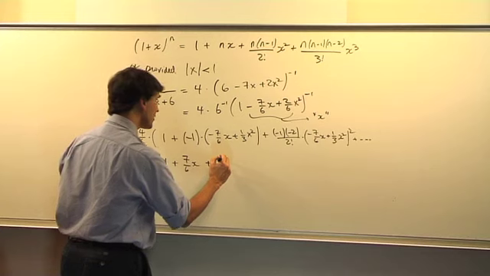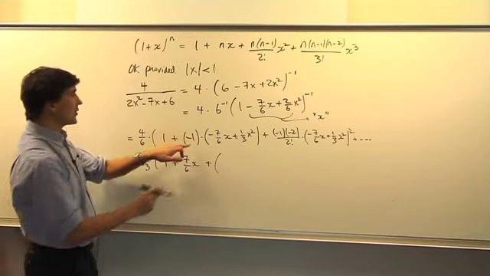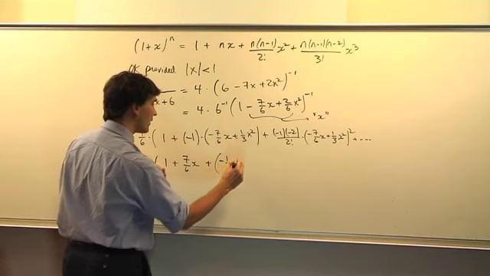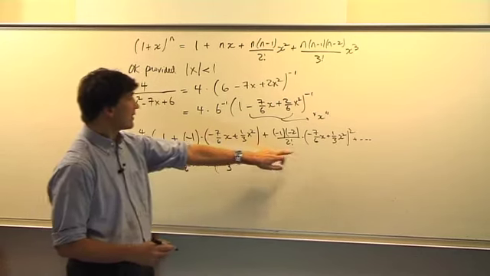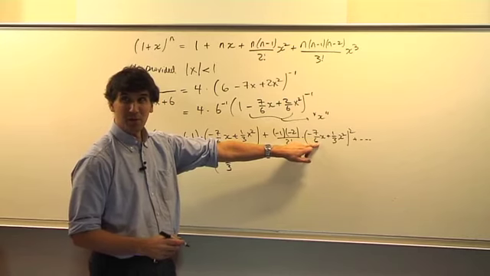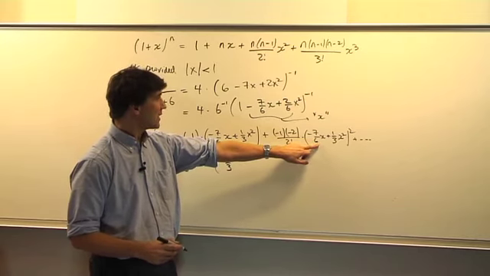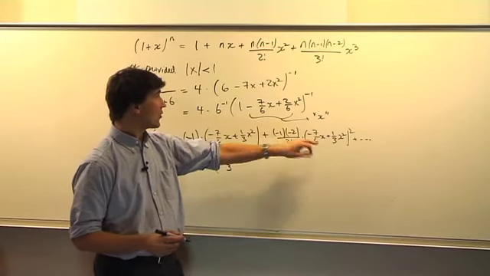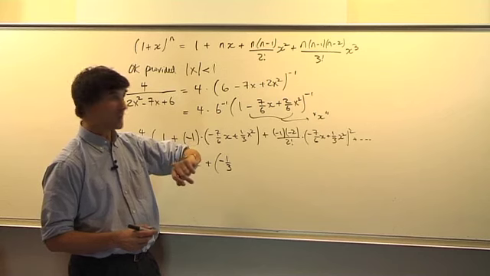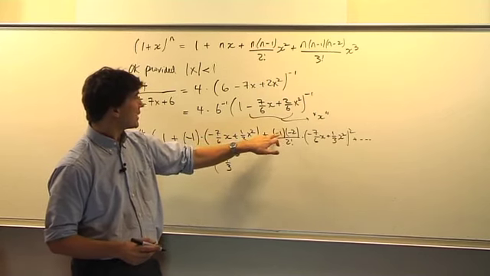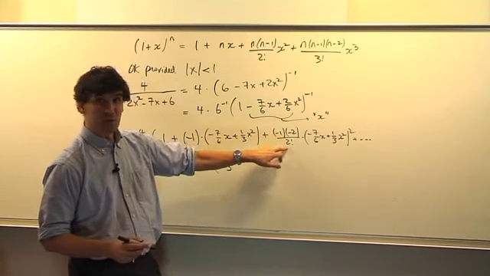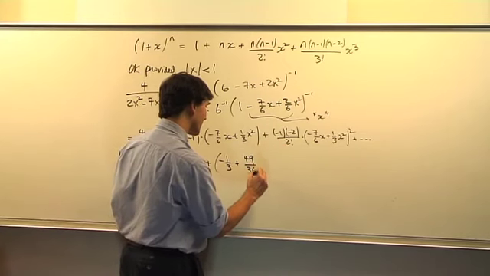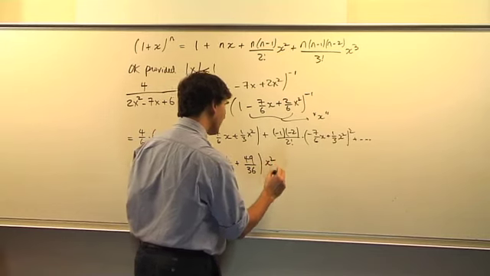Now, how many x squareds do we have? Well, we've got minus 1/3 x squareds from there. And how many do we have from here? Well, the first term in this thing is minus 7 over 6x all squared. So that will give us 49 over 36 x squareds. And the minus 1 times minus 2 over 2 factorial is just 1. So that is plus 49 over 36 x squared.